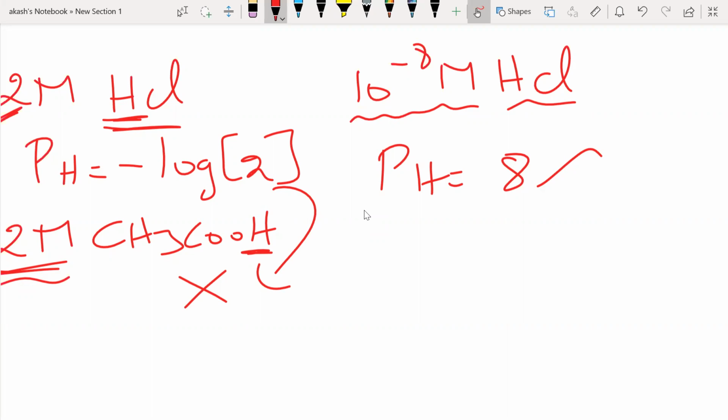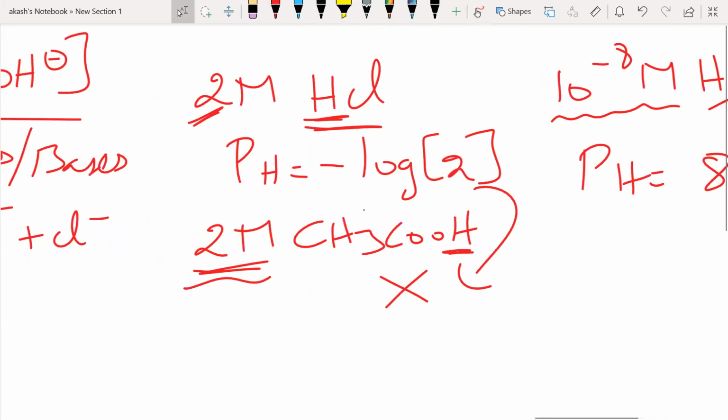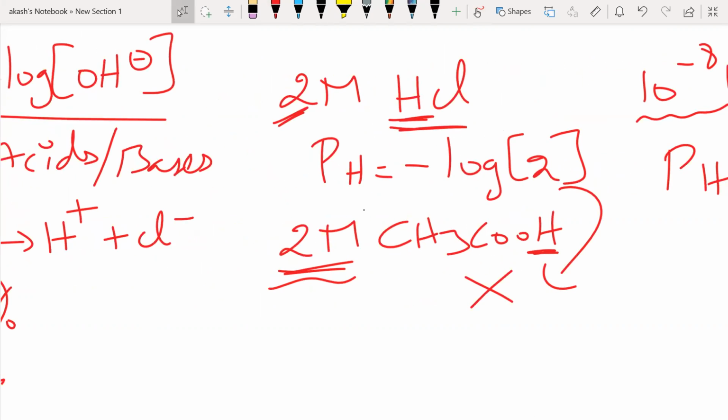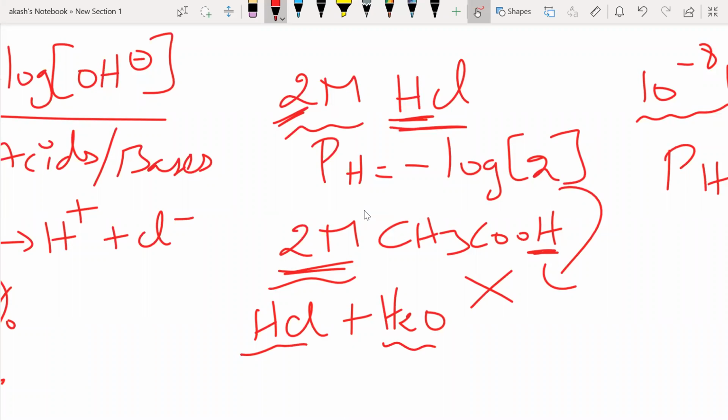In the previous cases also, it was a concentrated solution. Right now, please understand, guys, this is an HCl aqueous solution, so it will contain HCl as well as H2O, correct? This is capable of giving me H+, and water is also capable of giving me H+, but compared to HCl, this value is going to be pretty less.